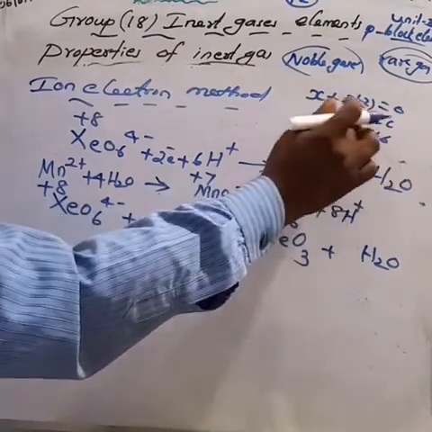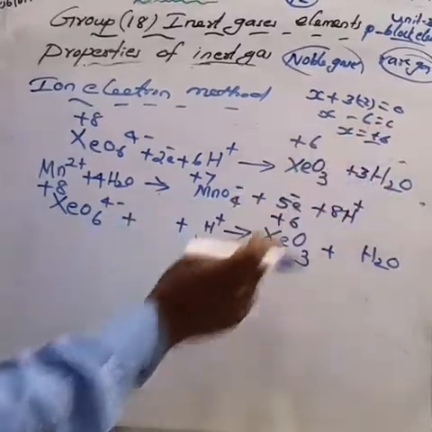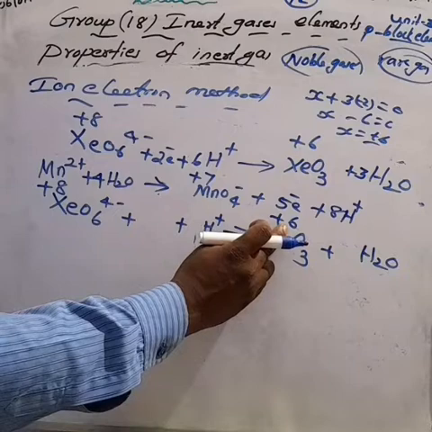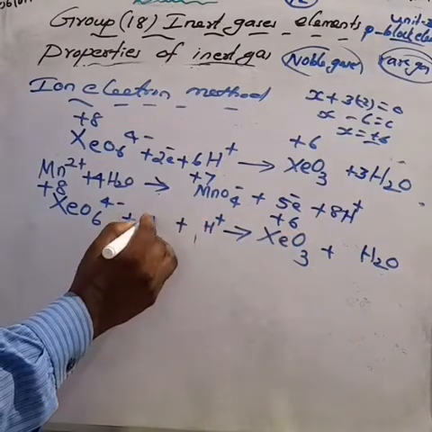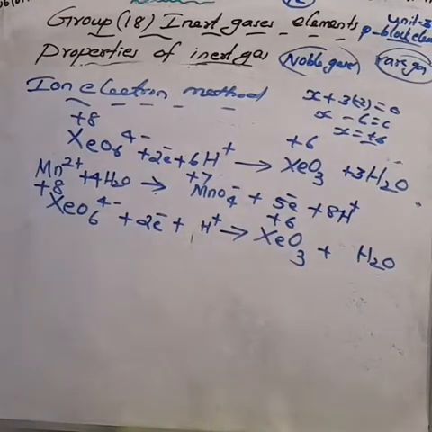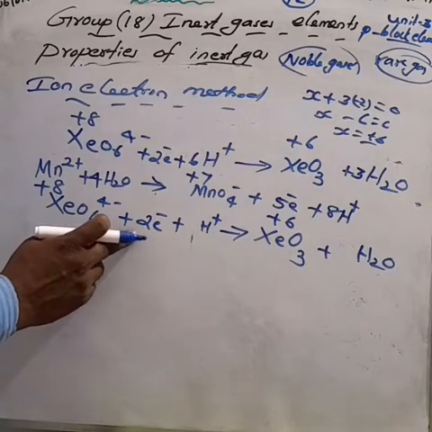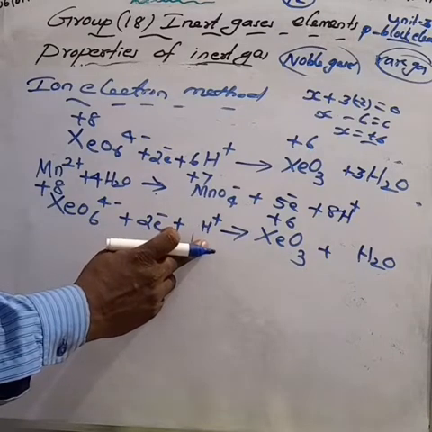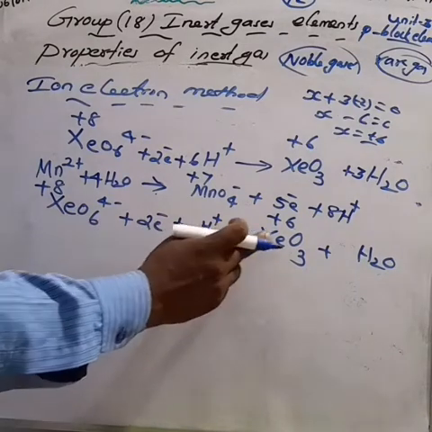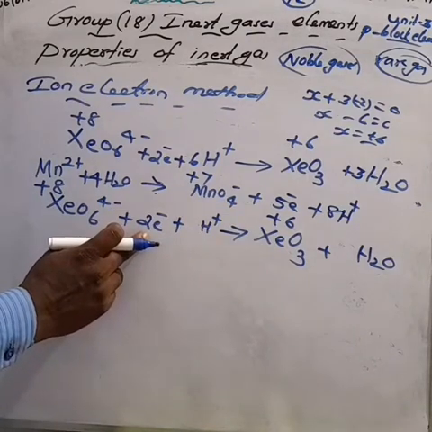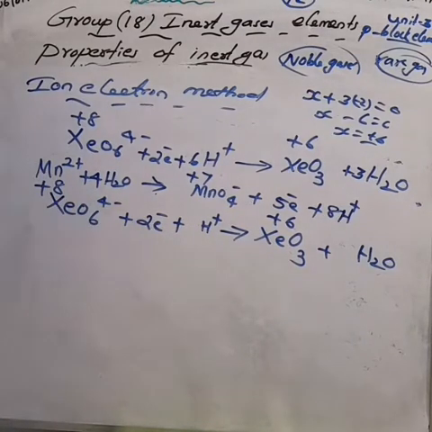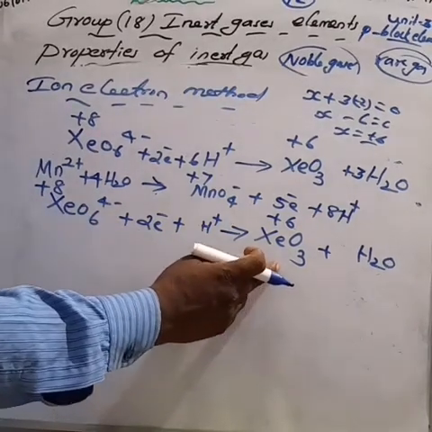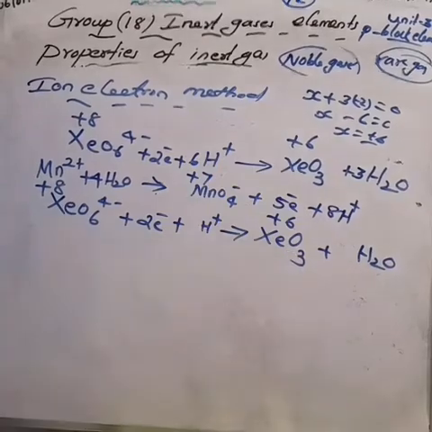My dear children, the reactant side has plus 8 oxidation state, but the product side has plus 6, so the difference is 2 electrons. So on the reactant side I write XeO6 4 minus plus 2 electrons minus, because the product side has plus 6 oxidation state. Now plus H plus ions gives XeO3, whose oxidation state is plus 6, and also we get water molecule H2O. Yes or no?